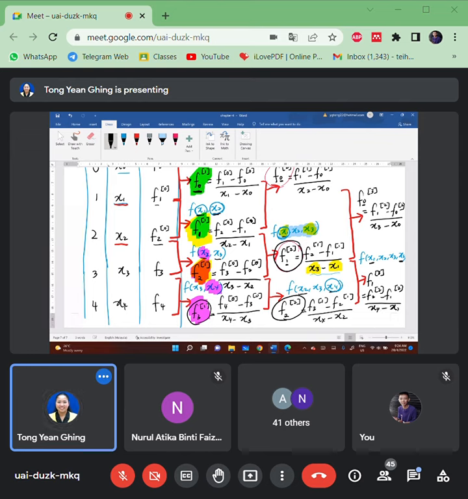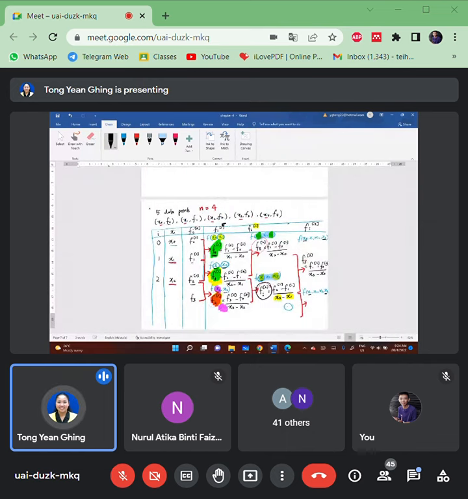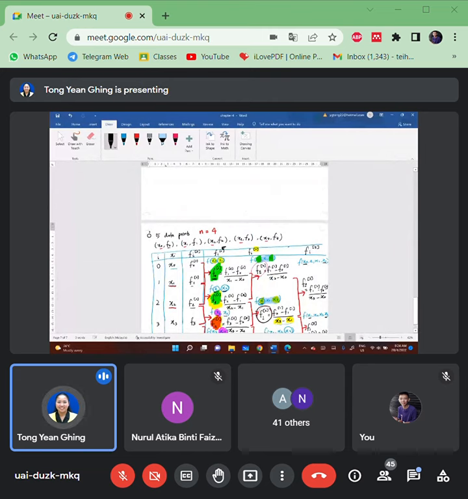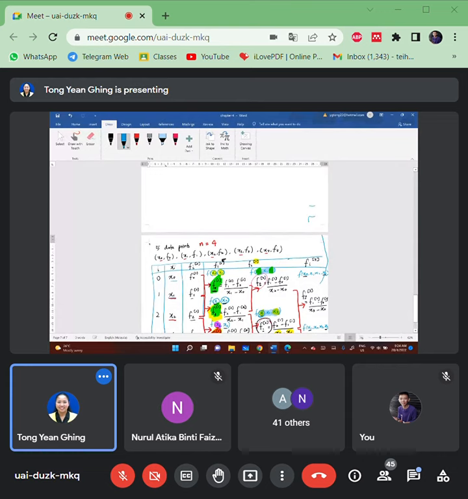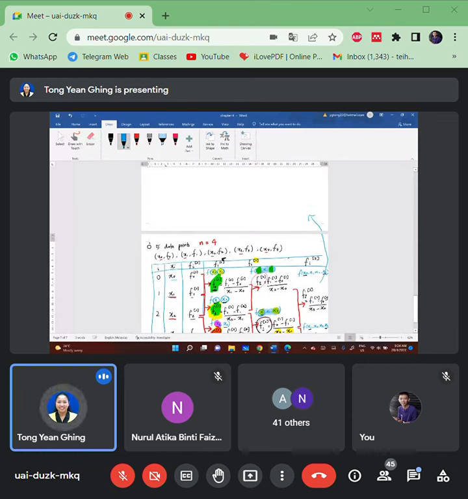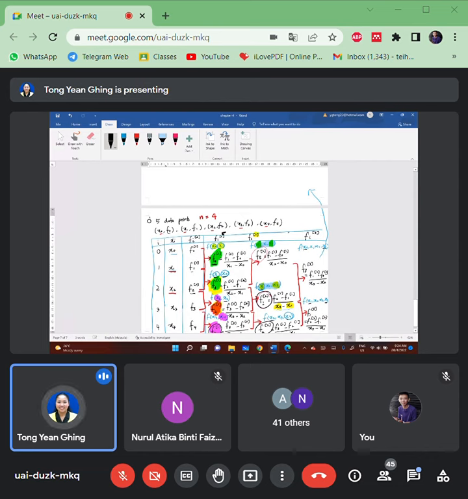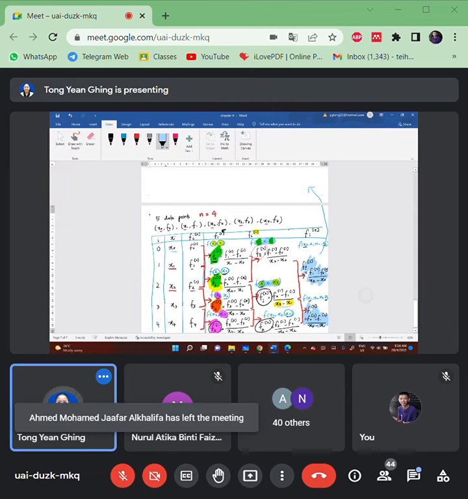Okay? Now we have another one. I write it upward here. Now we want to find the fourth divided difference, so we have to consider these two, this and this. Can you see? Too small?